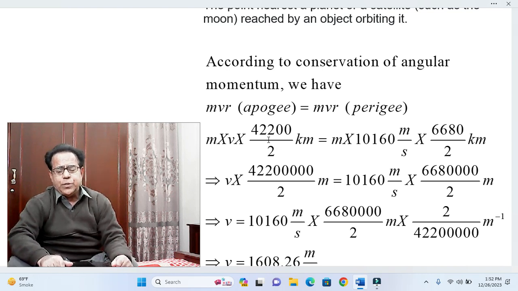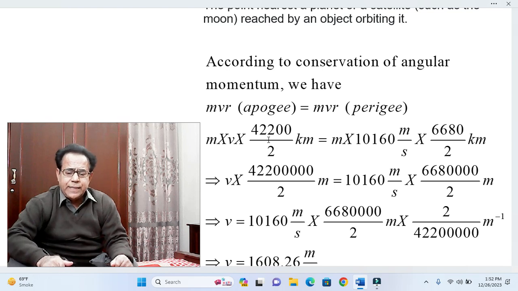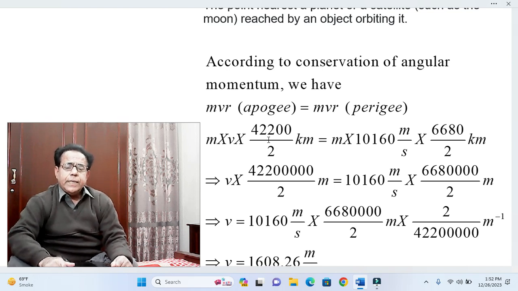Okay, this is the speed of the perigee case. Next, r, the radius, which is half of the diameter, is also given in the statement. Okay, 6680 by 2 kilometer.